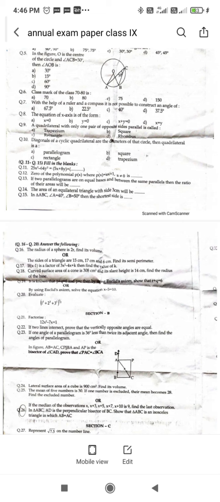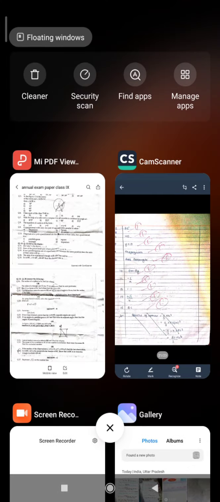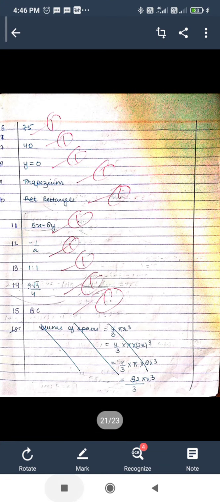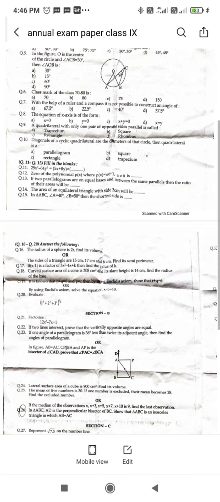Okay, here's the next part. Next question, what is the next part? Let's see. Let us see what is the next part.